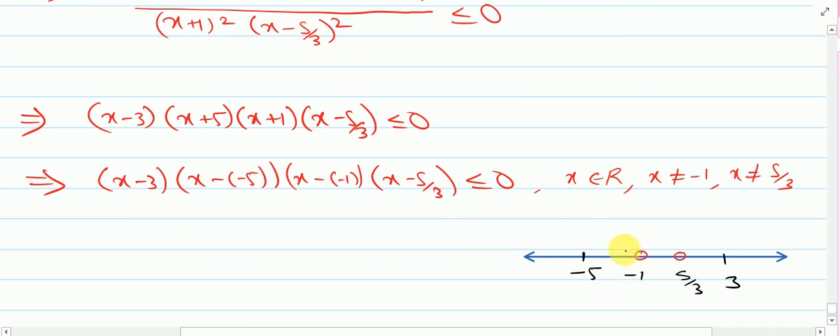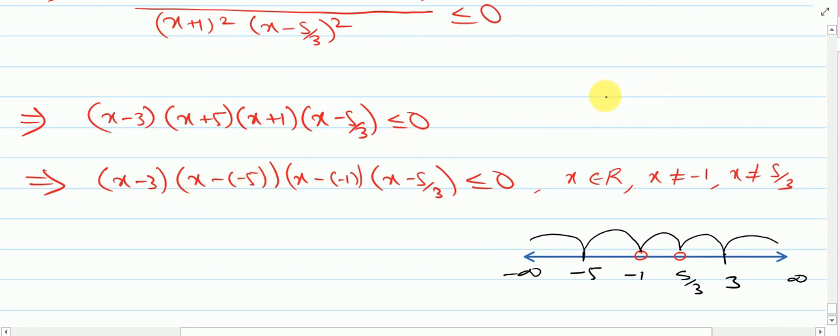So we have got 1, 2, 3, 4, 5 intervals. One is this, second, third, fourth interval, and this is the fifth interval. Now we have to check in which interval this is satisfied. It's always better to check for x equal to 0. So in the left hand side, wherever you have x, put x equal to 0.